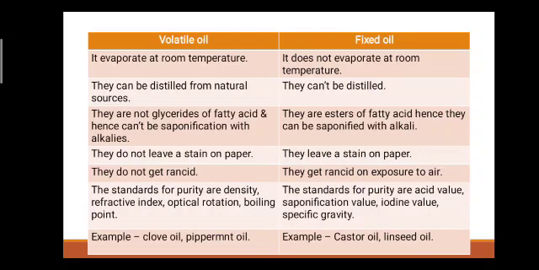Sixth one, the standards for purity of volatile oil are density, refractive index, optical rotation, boiling point. And in fixed oil, standards for purity are acid value, saponification value, iodine value, specific gravity. Examples of volatile oil: clove oil and peppermint oil. And examples of fixed oil: castor oil and linseed oil.